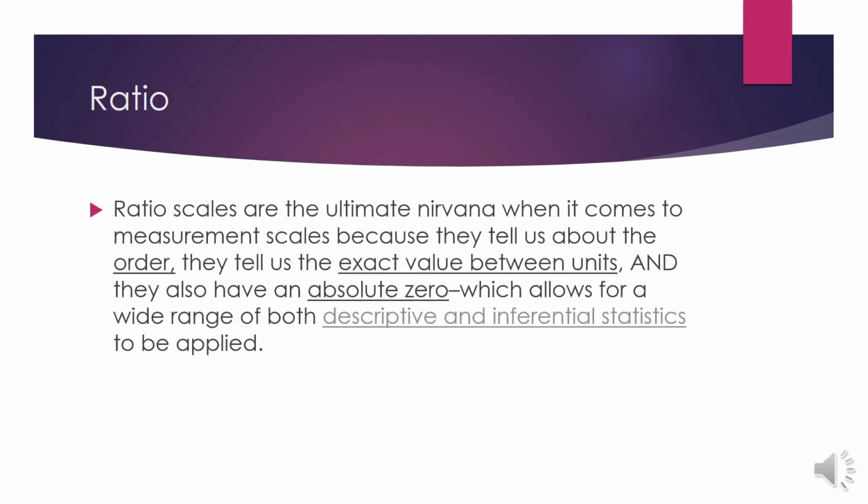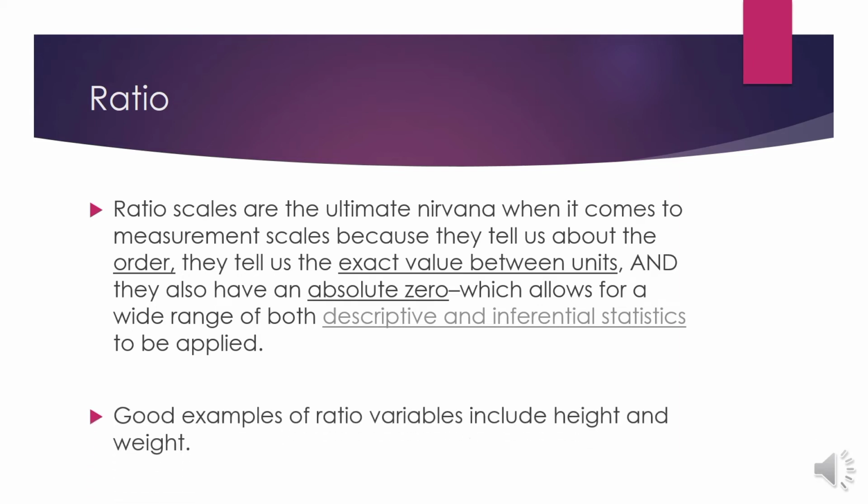Ratio. Ratio scales are the ultimate nirvana when it comes to measurement scales because they tell us about the order. They tell us the exact value between units. And they also have an absolute zero, which allows for a wide range of both descriptive and inferential statistics to be applied.